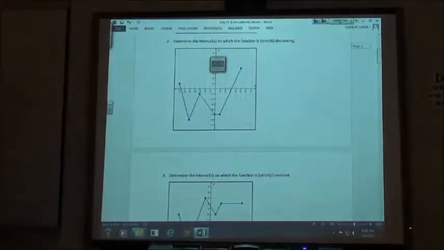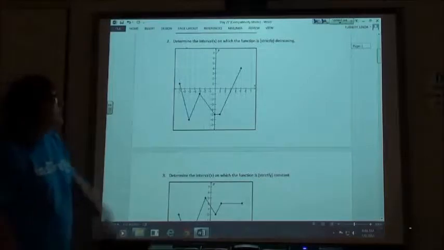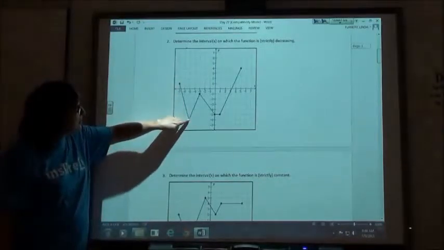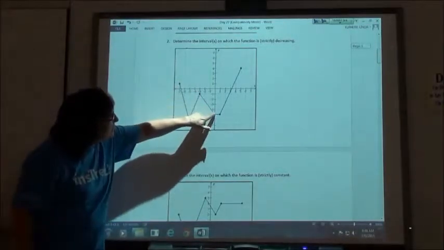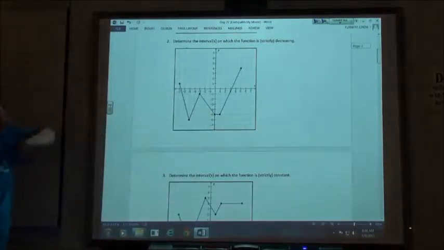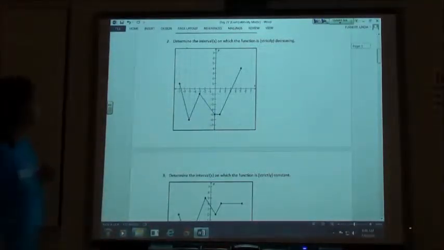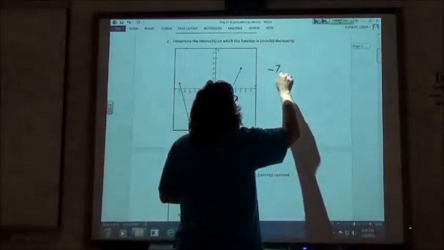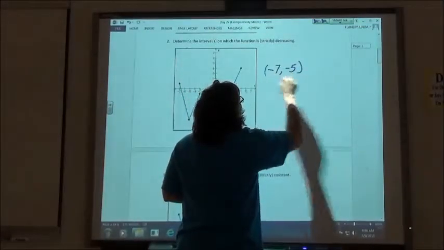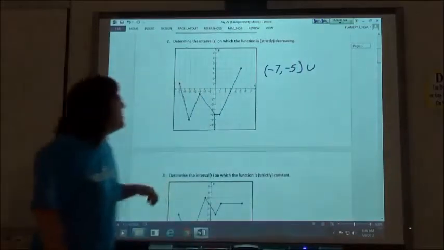Number 2 wants you to determine the interval where the function is decreasing. We have a section here that is decreasing, and also over here. So the first interval would go from -7 to -5, and they always go from left to right, smallest to largest, by the way.